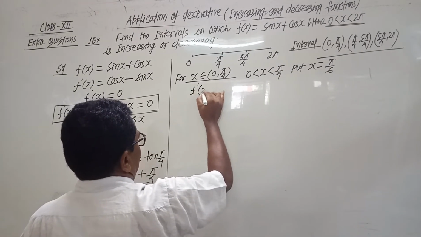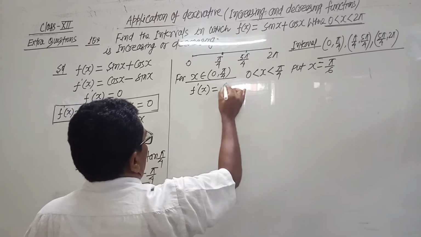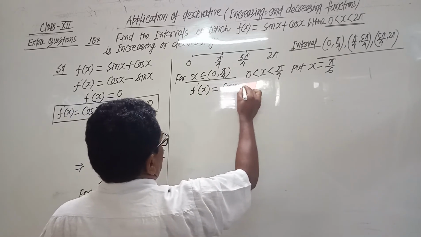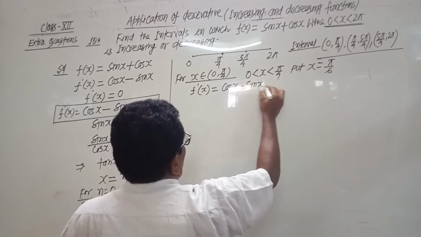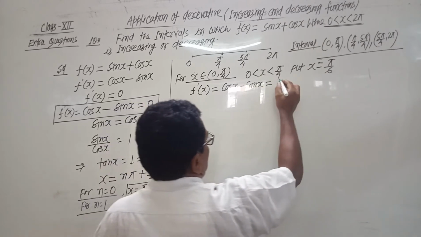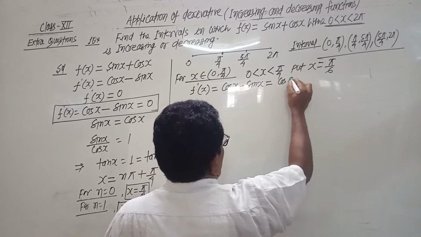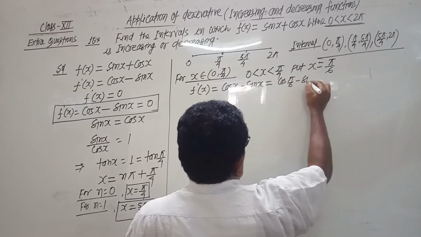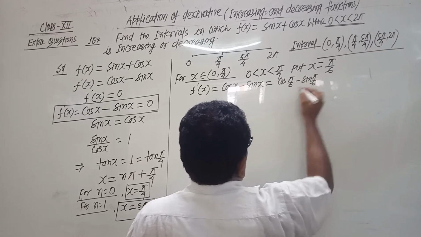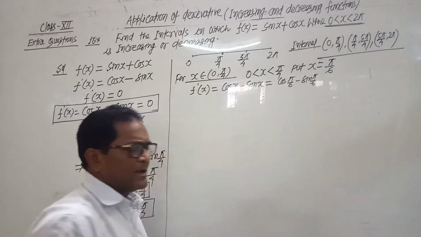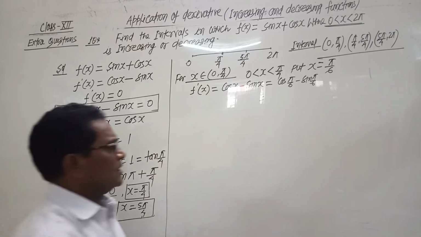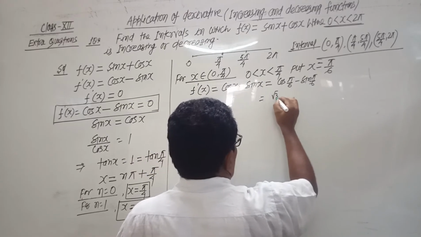So f dash x is cos x minus sin x. Put the value of x as pi by 6: cos pi by 6 minus sin pi by 6. And the value of cos pi by 6, cos 30 degree, is root 3 by 2.